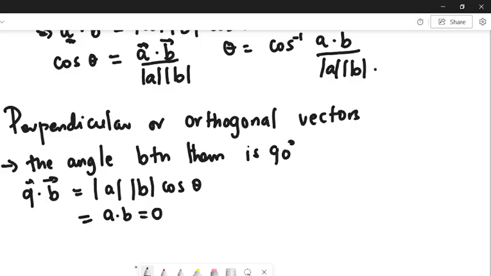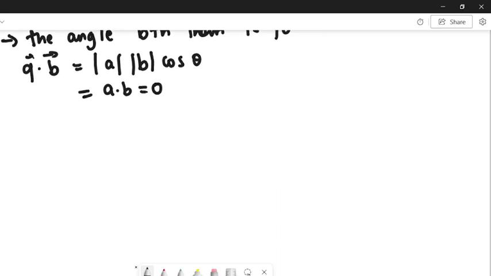Next, we want to get the angle between two vectors. We want a real example, so we are going to use examples to demonstrate. We are solving two examples.